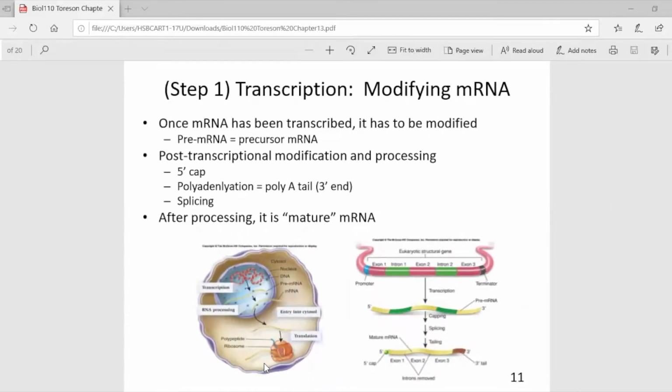Once transcription has occurred, the RNA molecule must be modified before translation can occur. If we look on slide 11, we see a cell pictured, and we know that DNA is stored inside the nucleus.